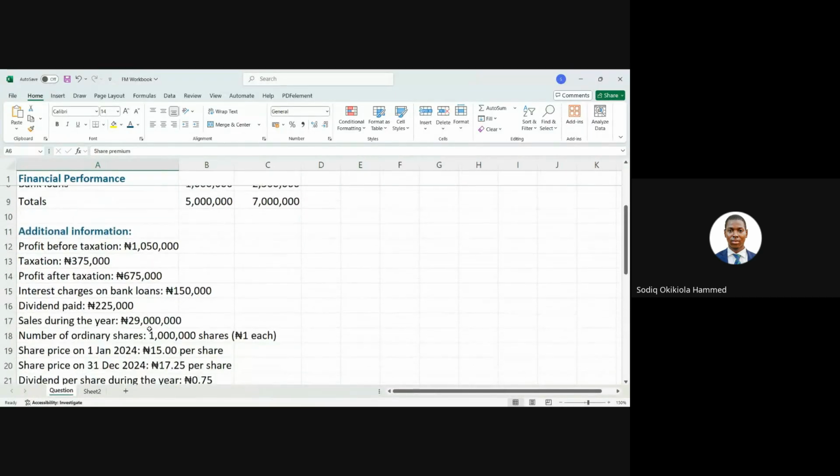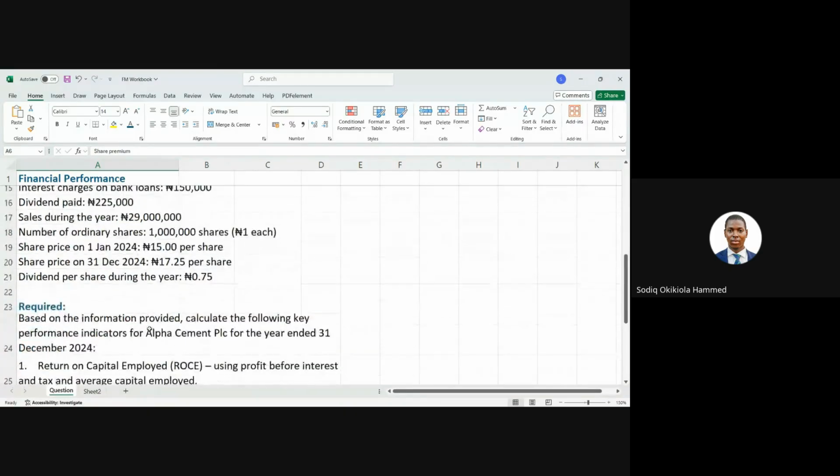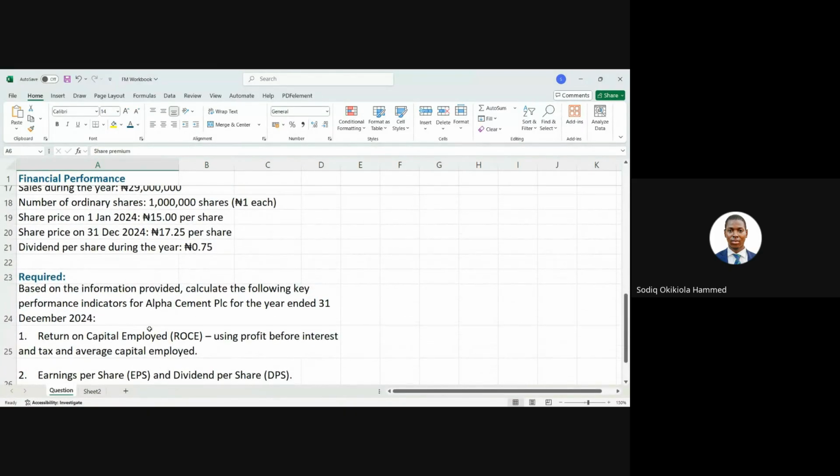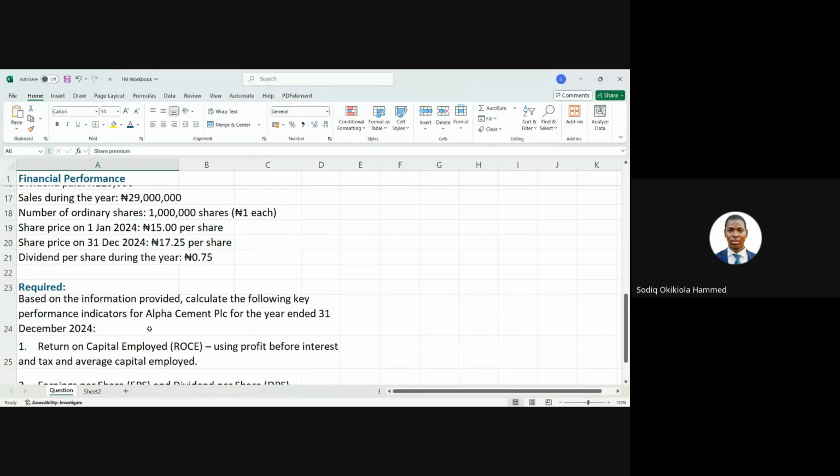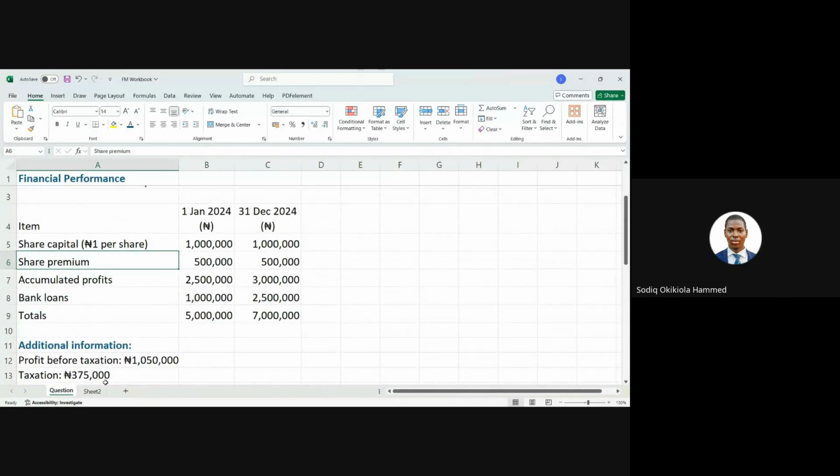So let's start from our question one. We are going to find return on capital employed. So let me copy the formula for us.